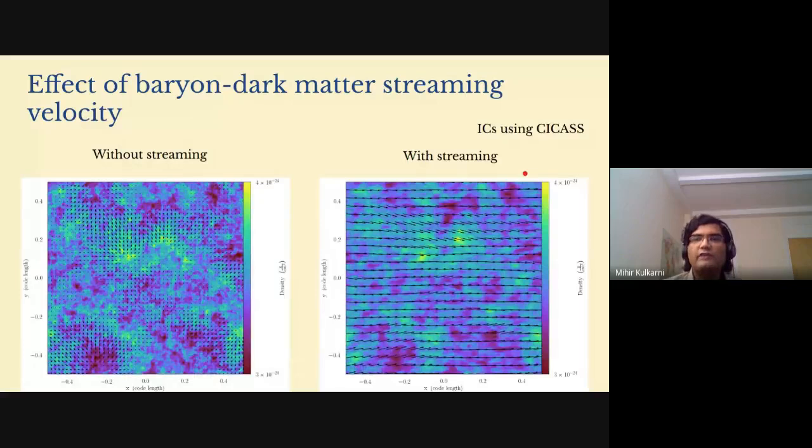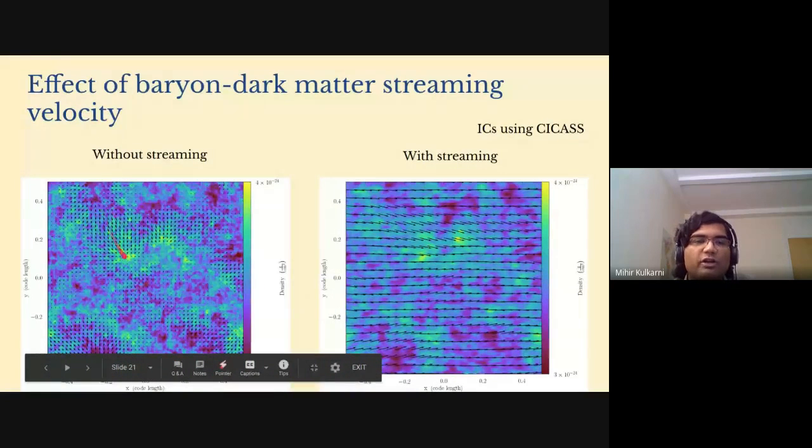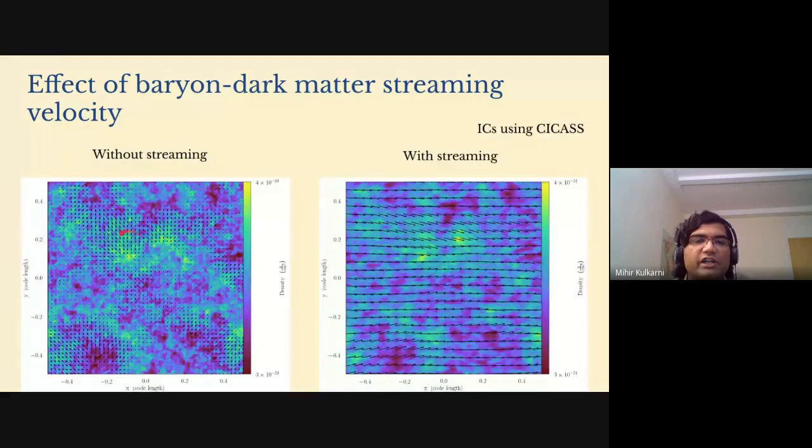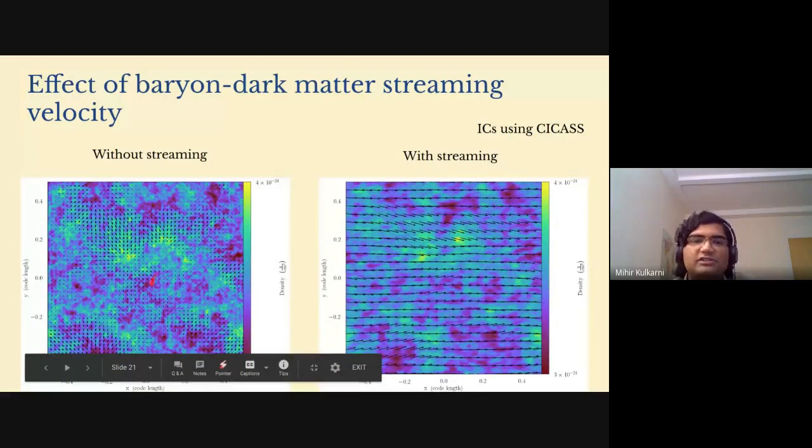Okay, and just to give you one example, this is just initial conditions showing gas density overplotted with gas velocity arrows, case without streaming and case with streaming velocity. In the left case, you see just that the velocity is following the density structures that we see.